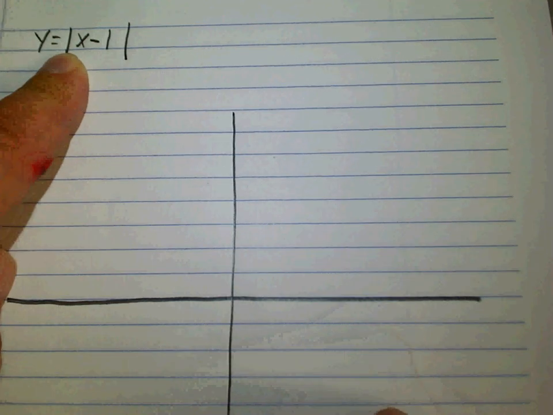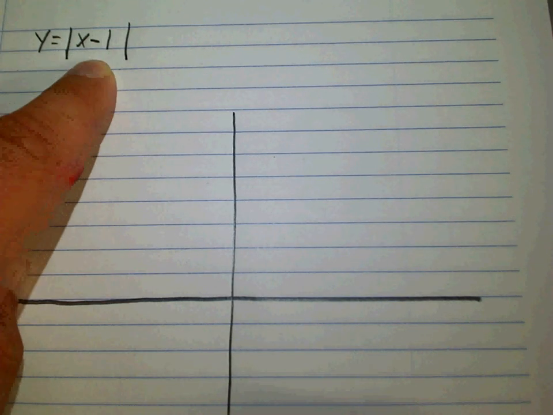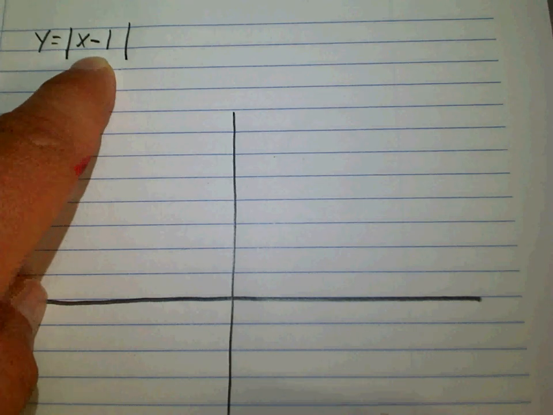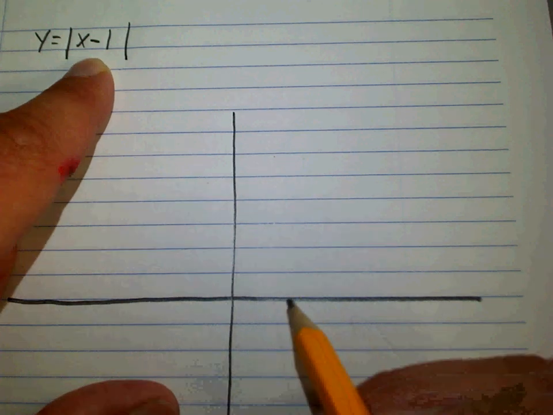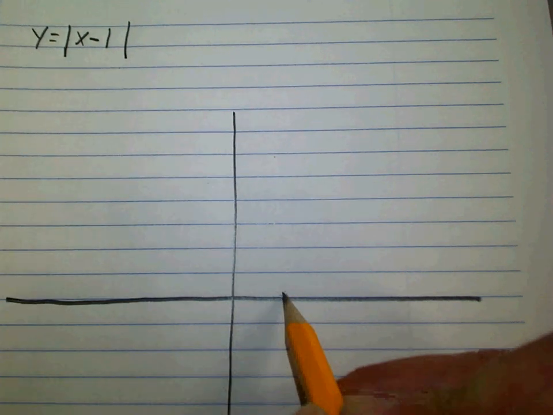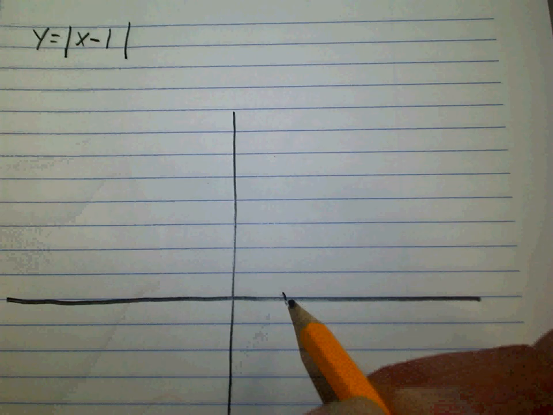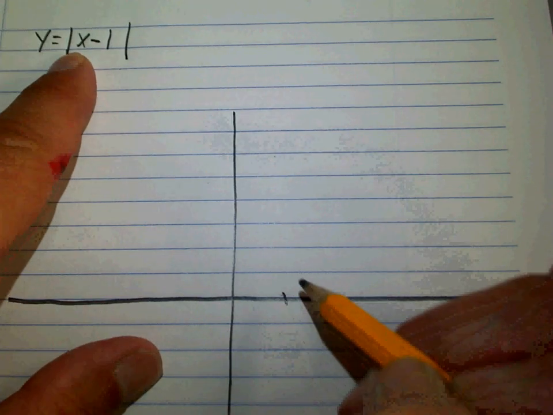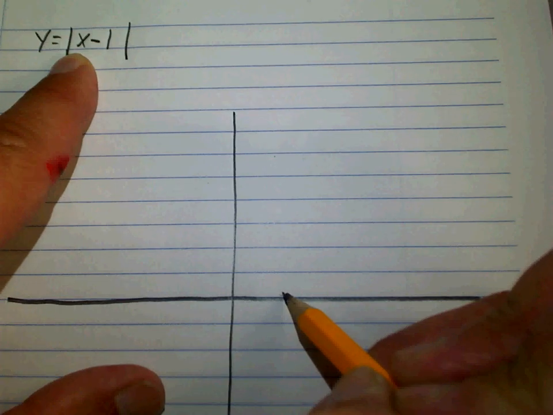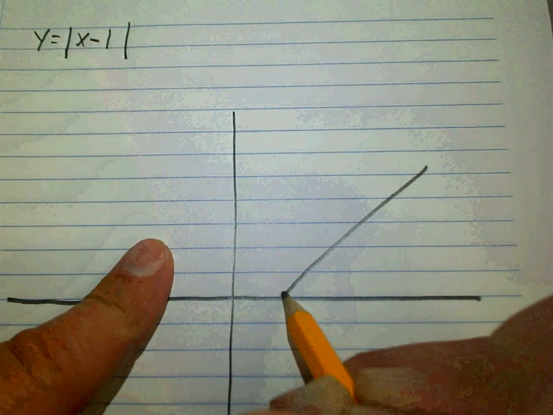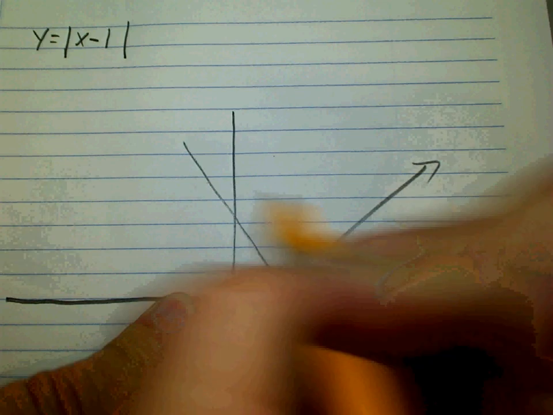What do you think this V graph is going to do? How's it going to shift or adjust? Where will the vertex be? Will it open up or down? Will it be fatter or narrower? Normal. So right there, look at your neighbors, show them to your neighbor.